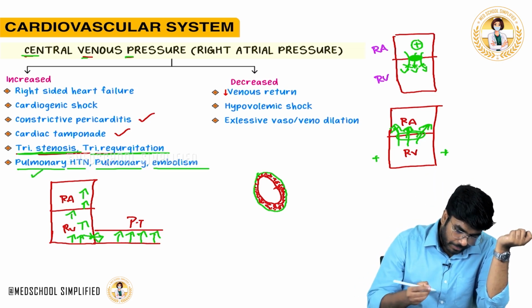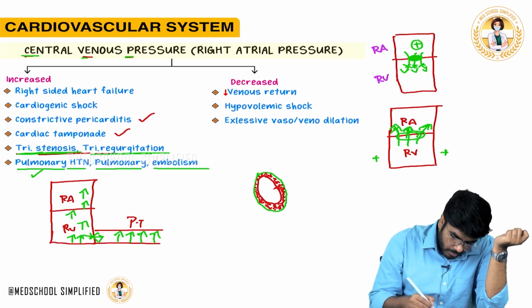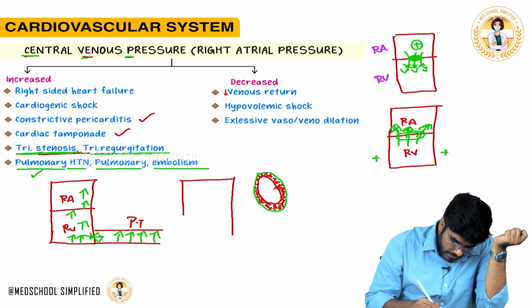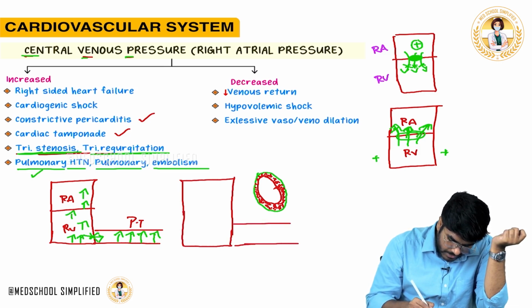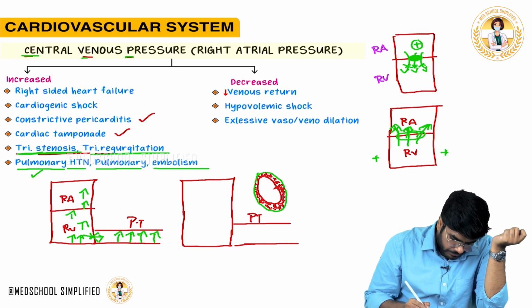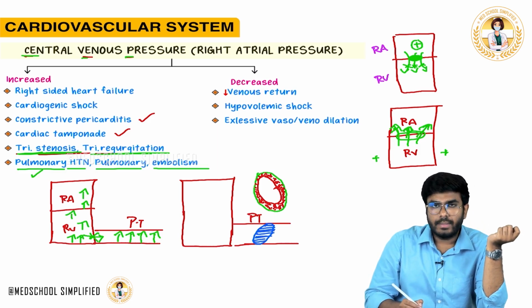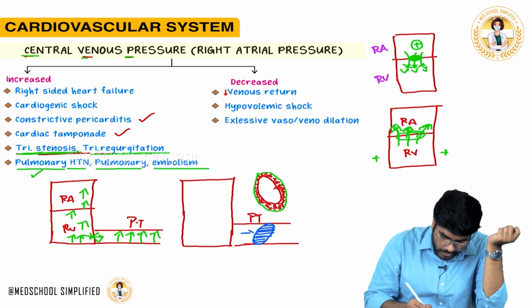And in pulmonary embolism, what exactly happens? Again, same stuff. Same right atrium, right ventricle, and here is the pulmonary trunk. Now in pulmonary embolism, here is an embolus present like this. Now blood is not moving forward.